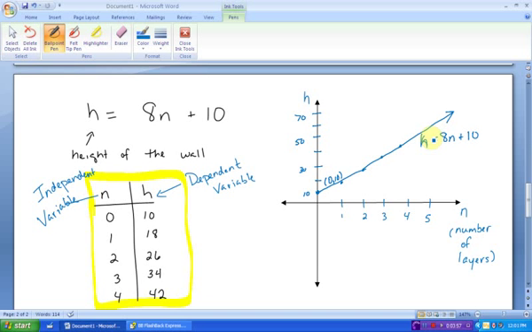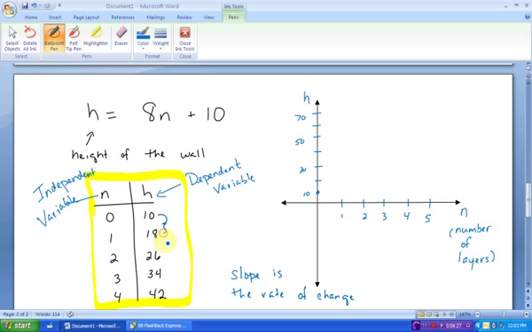Now, a second way to draw this line, if you would like to do it this way, is first determine what is the slope of the line. Okay? And the slope, just put a note here, is the rate of change. Well, what are these numbers changing by each time?